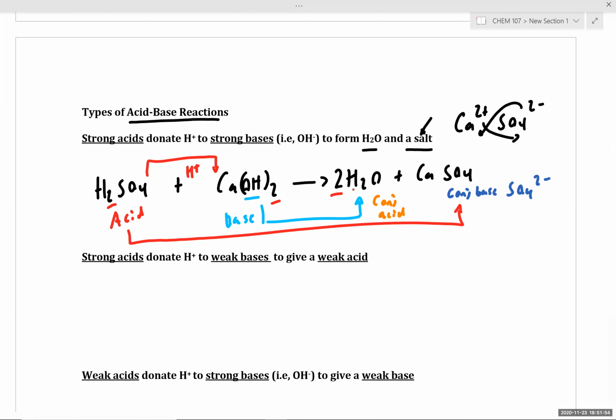Does that make sense to everyone? Does this idea of strong acid, strong base reactions make sense?